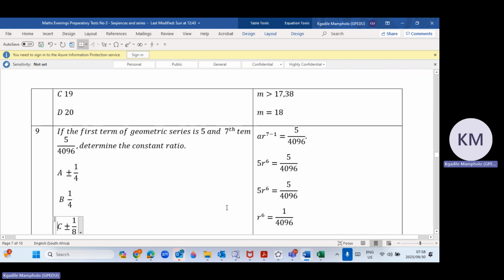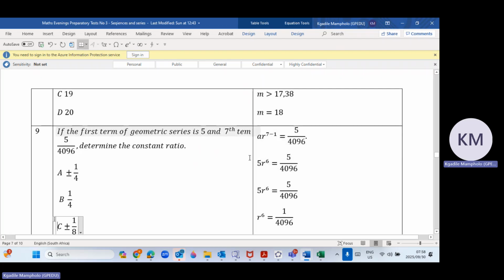We know that Tn of a geometric sequence, or series, would be a times r to the power n minus 1. In this case, n is 7, so for the seventh term, 7 minus 1 is 6.